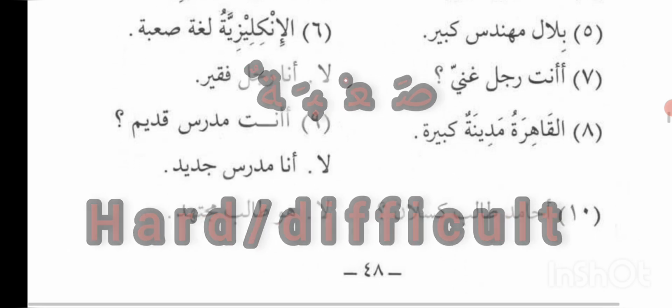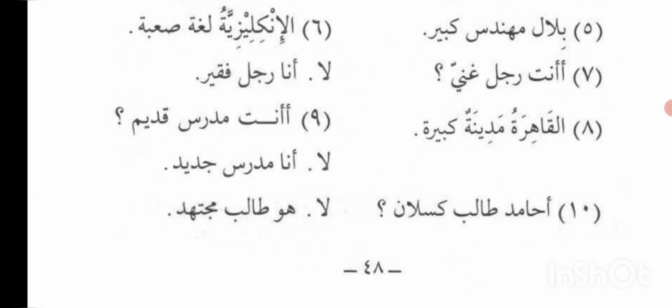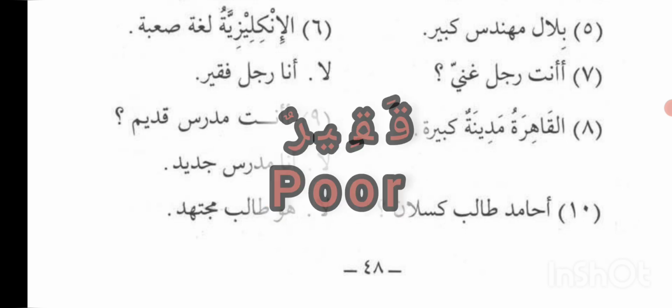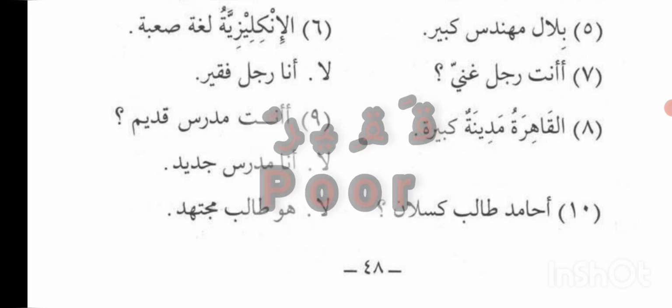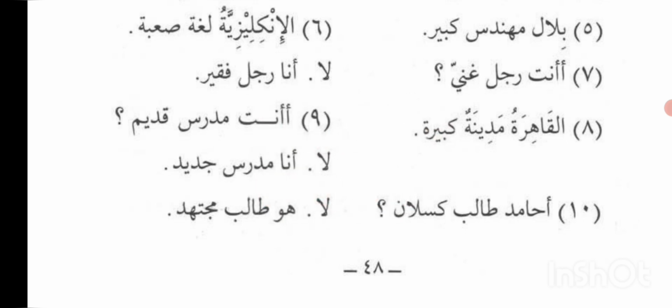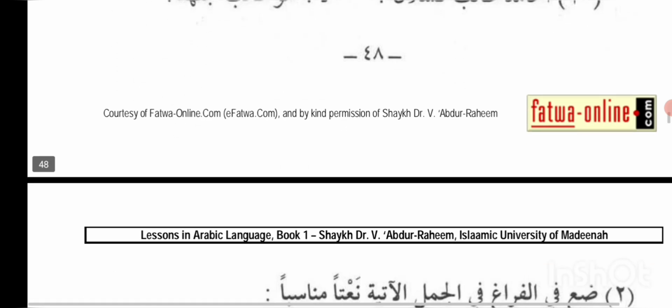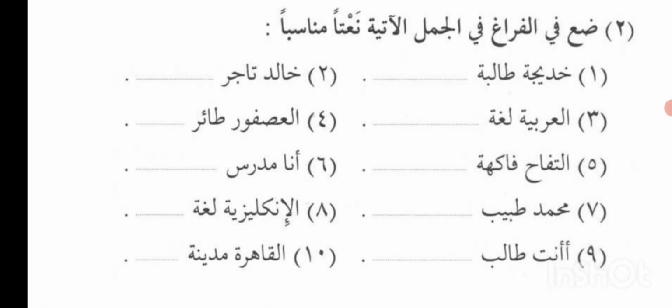So faqirun, ana rajulun faqirun. I'm a poor man. That is the opposite of ghaniyun. So with this, we are enriching our vocabulary bank. Al-Qahiratu madinatun kabiratun. Qahira, that is Cairo, is a big city. Qadimun again here. So that's how we learn new words and we are able to use them in sentences.